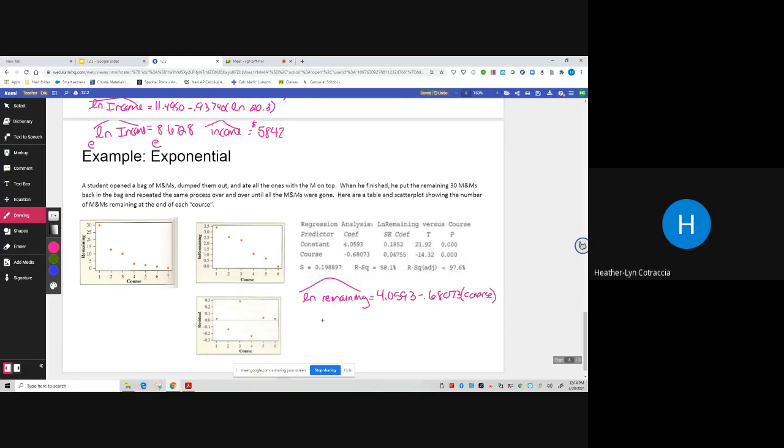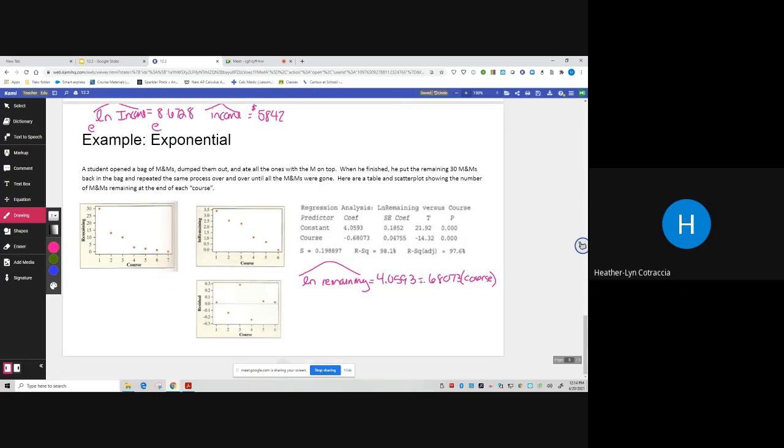Okay, so then it says, I don't know if I added anything else to that or not. I think I just gave you an example of what to do if we wanted to figure out after how many courses to predict the original number of M&Ms per bag.